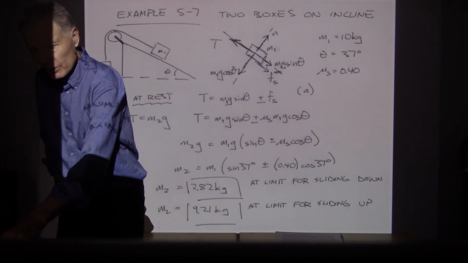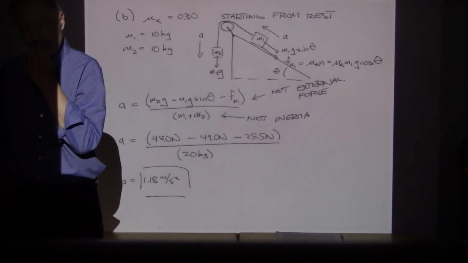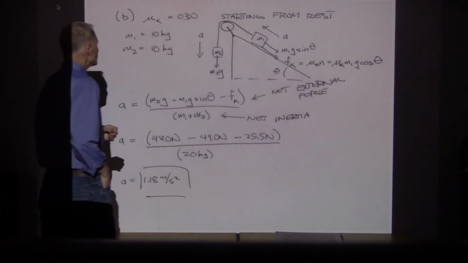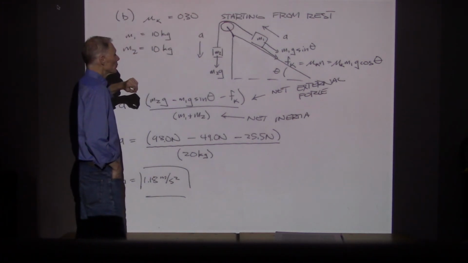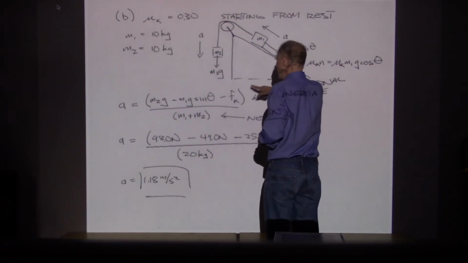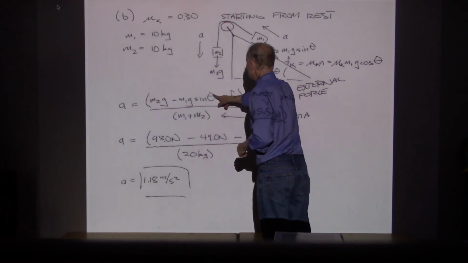So I got to go back and recheck this one. All right. In any case, I'm picking up the 30 degrees from an earlier example. So this is at 37, and I need to go back and recalculate. Both of these, actually, will change.